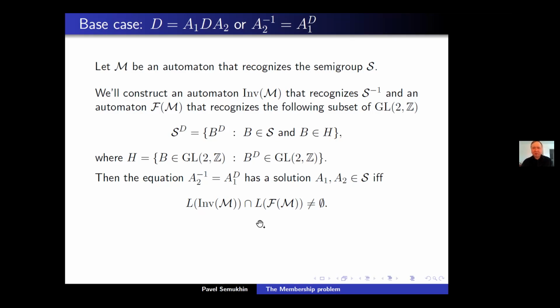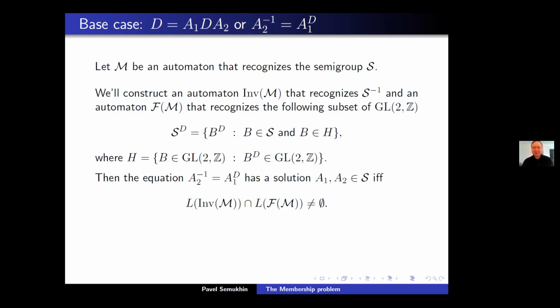There is one technical problem, however, which is that, as I mentioned, for every matrix there are infinitely many words which represent this matrix. And by our definition of a regular language, the automaton must accept at least one of these words for a given matrix from the set which it recognizes. So it could happen, because of this non-uniqueness, that these two sets have non-empty intersection, but the languages of these two automata might have empty intersection.